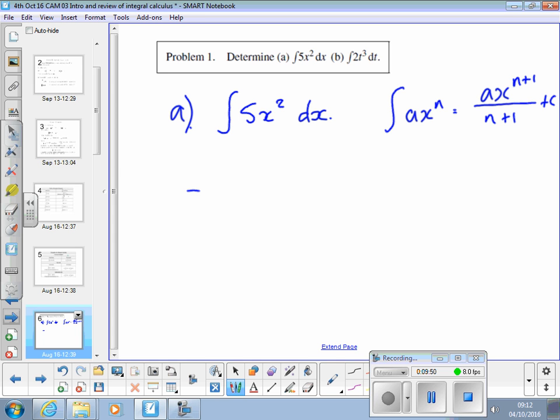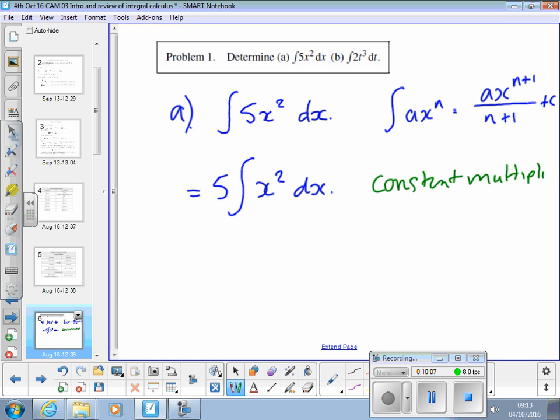Applying that to this, we can say that's 5 times the integral of x squared dx. That's applying the constant multiplier rule. And then we integrate x squared dx.